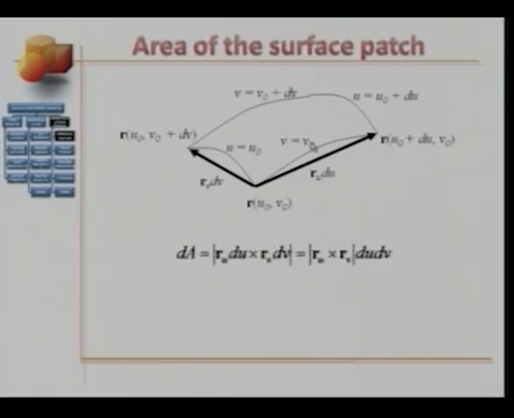The area of this patch is given by dA, which is equal to the absolute value of the cross product between these two vectors, r sub u times du crossed with r sub v times dv. These are positive scalars, so we can extract them out of this absolute value sign. So we have the absolute value of r sub u crossed with r sub v times du dv.